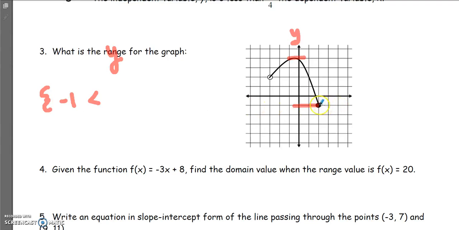Less than, because it is a filled-in circle, a complete whole, it's going to be an equal to. The range is the y, and then we have less than, and because it's the top of the line, it's going to have an equal to 1, 2, 3, 4, and that goes up to a +4. So there would be my answer for the range.